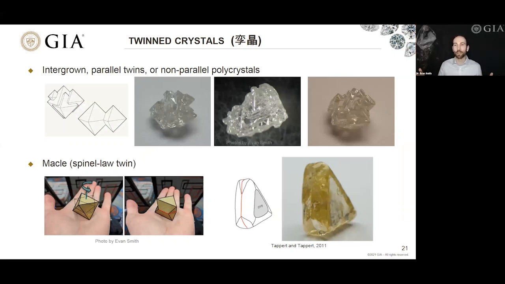Just like many other minerals, diamond crystals can be twinned. This means 2 or more crystals are joined together in a symmetrical way.